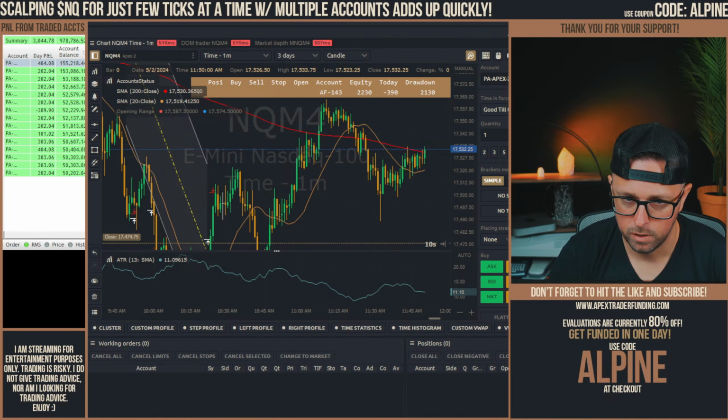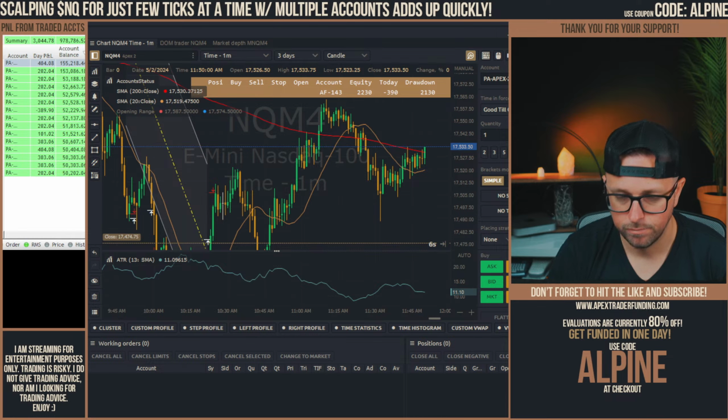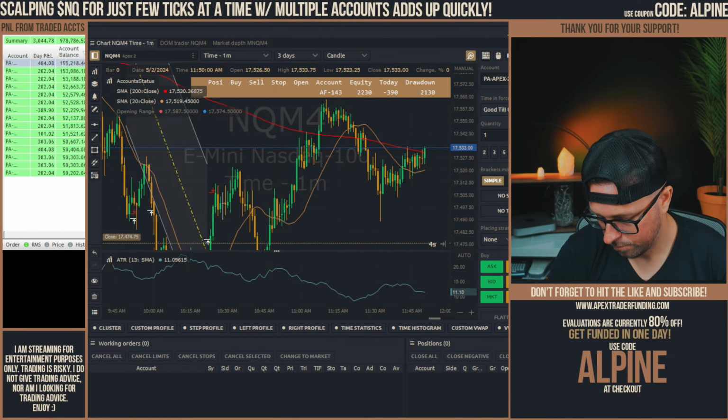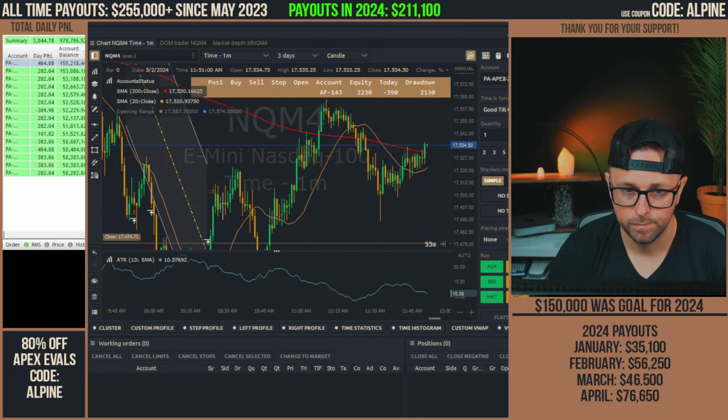Lambo Raoul is kind of sketch, but it makes a lot of money, but it's not from trading.